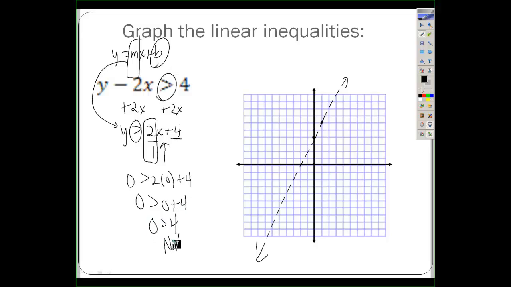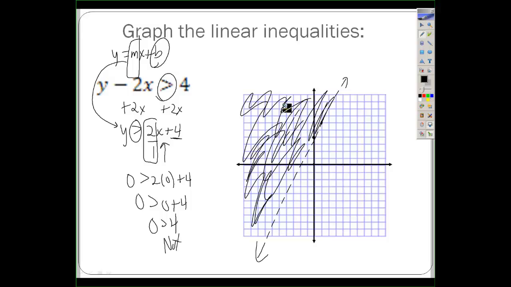That's not true. Now, this time 0, 0 just happened to be on the bottom half. It's not a solution, so nothing on the bottom half will be a solution. Therefore, the top half will be solutions. So anything up here, you need to shade in the top half of your graph. Alright.